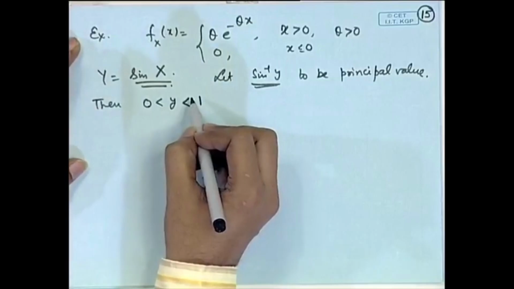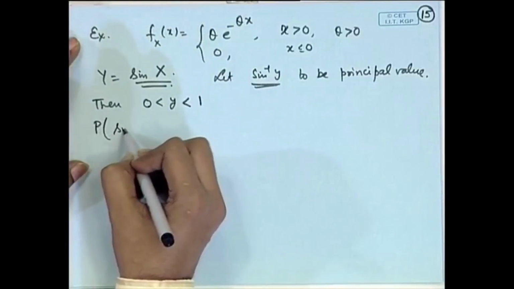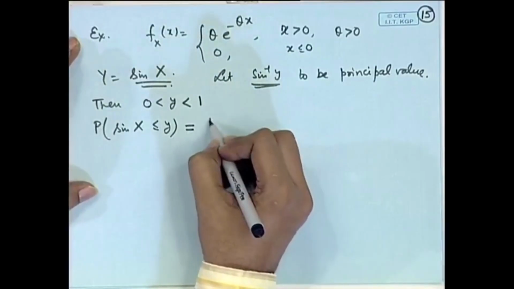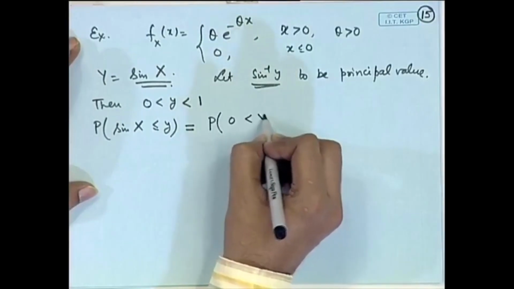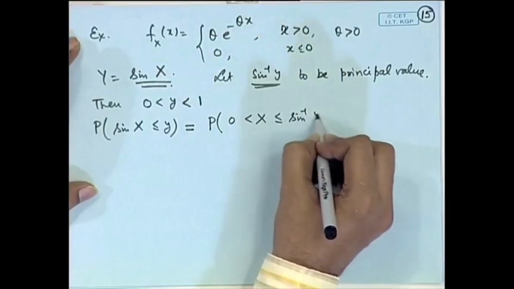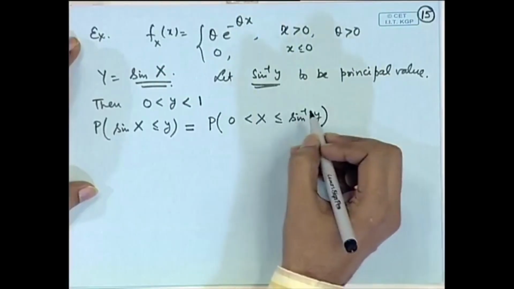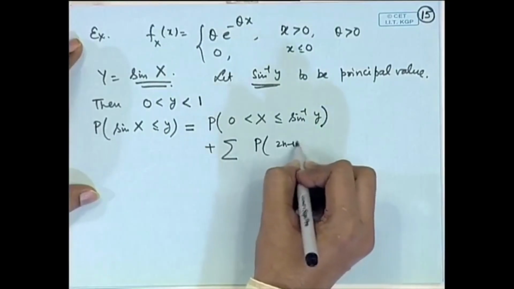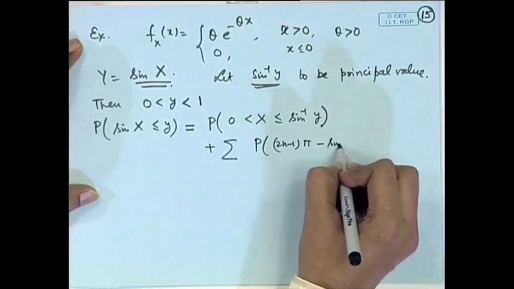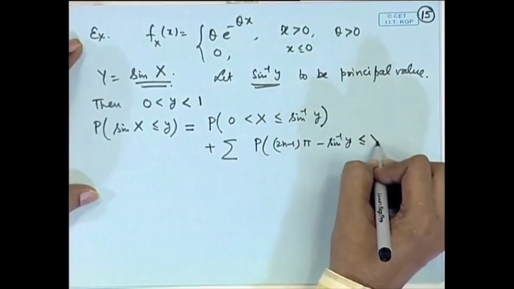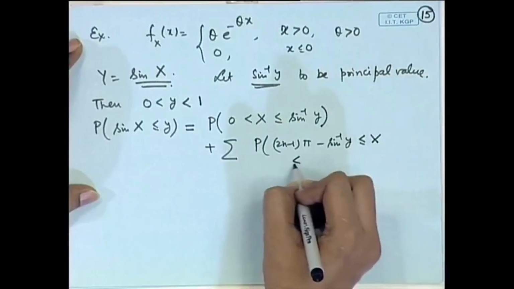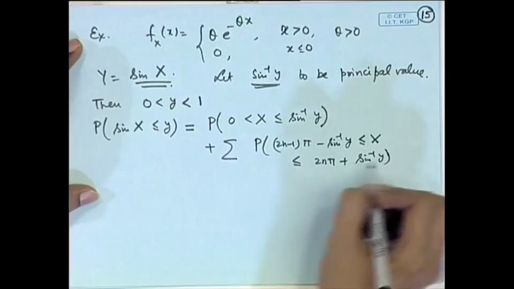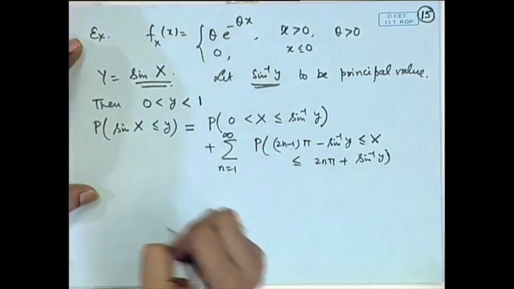So, if we take 0 to 1, then the probability that sin x is less than or equal to y can be expressed as probability of 0 less than x less than or equal to sin inverse of y, where sin inverse is the principal value, plus probability of 2 n minus 1 pi minus sin inverse y less than or equal to x less than or equal to 2 n pi plus sin inverse y, n is equal to 1 to infinity.